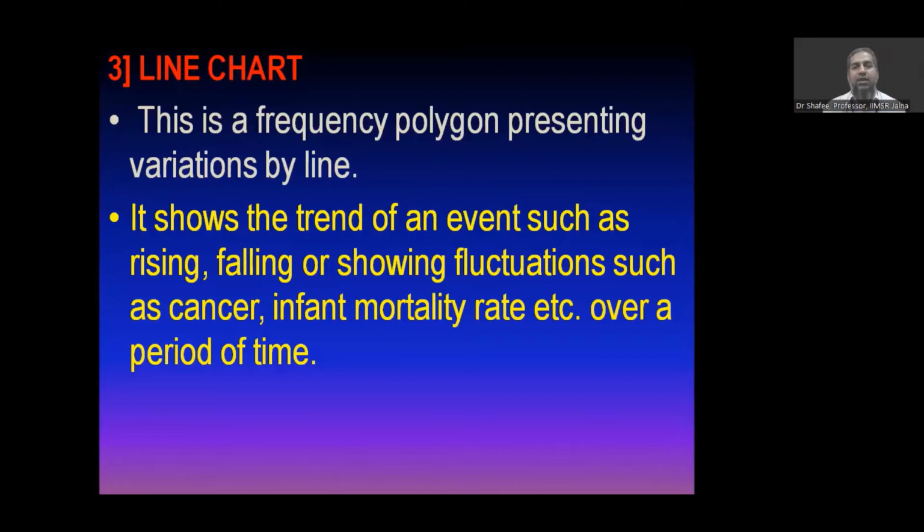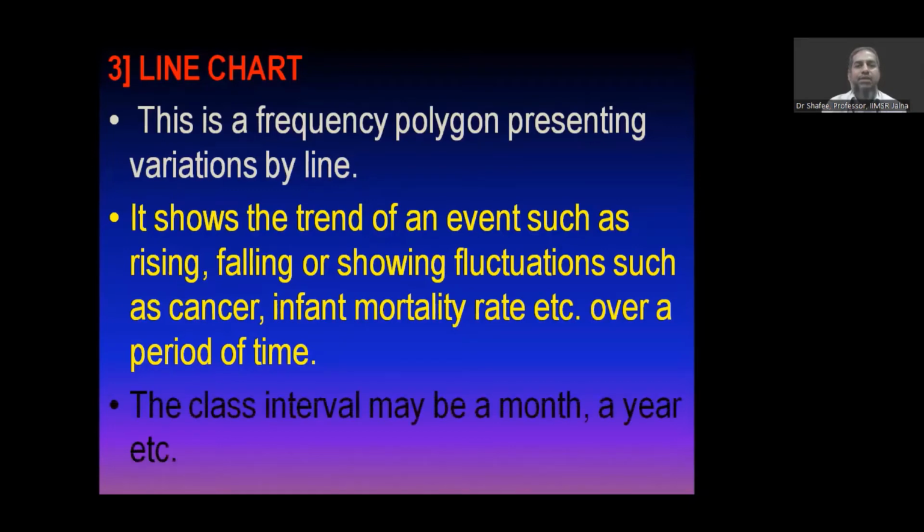Like in a one-day match, for 50 overs, we show for 50 overs. In T20, we show for 20 overs. Like the data is shown for 1 year. So a 1 year period can be taken, and you can compare the frequency for a particular variable. The class interval may be a month or year.